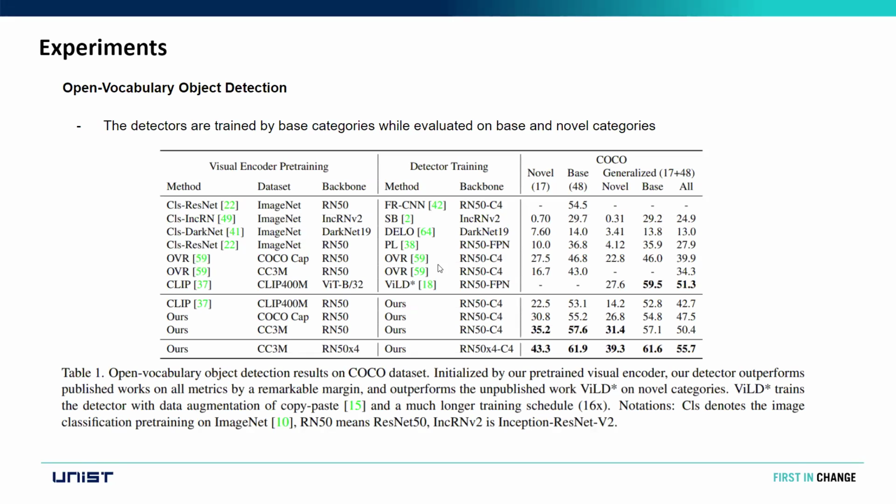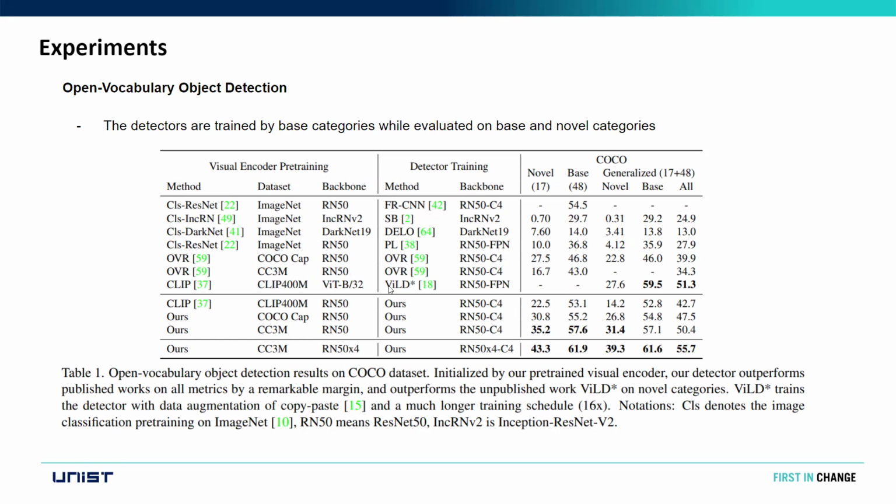And yeah, so here are the results. Currently the state of the art model on the COCO data set is OVR, but as you can see, the results of this RegionCLIP are higher in all cases.